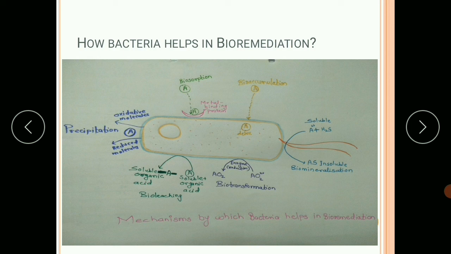In precipitation, these enzymes and heavy metal will react with each other and produce some oxidative or reductive molecules, and this will lead to the precipitation. So this is one of the mechanisms. Different bacteria will use different processes in the bioremediation process.